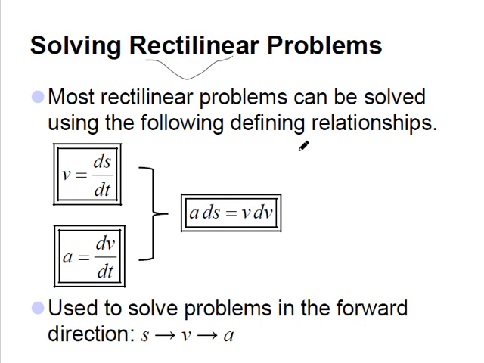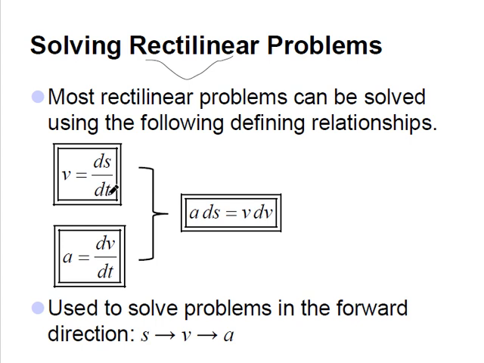Most of these problems you can solve by using these relationships, meaning mathematical equations. The very first one is your velocity, the rate of change of position, and we usually say mathematically delta s divided by delta t, a little change in position over a little change in time.